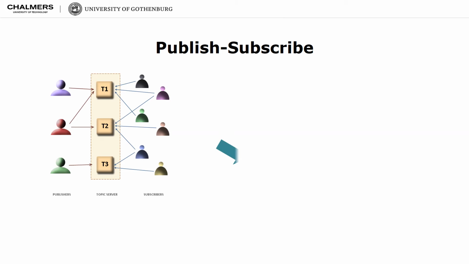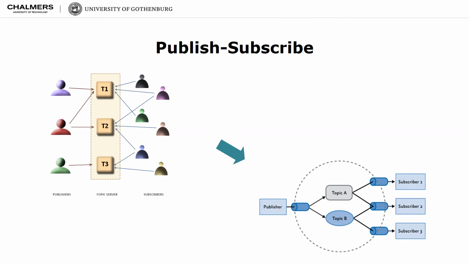Similarly, subscribers express interest in one or more classes of messages and only receive messages that are of interest, without knowledge of which publishers, if any, there are.